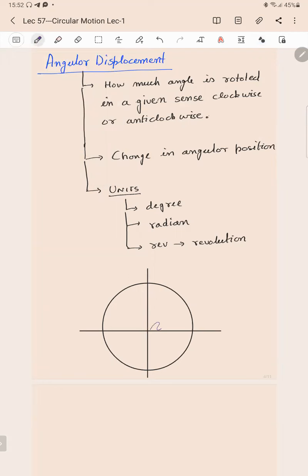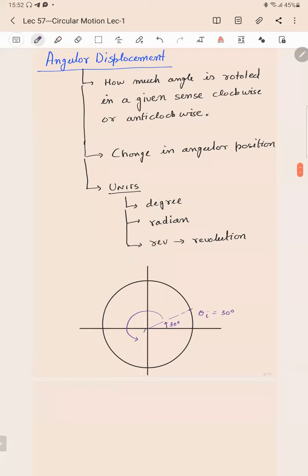This angle is 30 degree. So theta initial is basically 30 degree. And then I rotated and went somewhere over here, and this came out to be again 30 degree, let's say. And this is my final position, theta final.